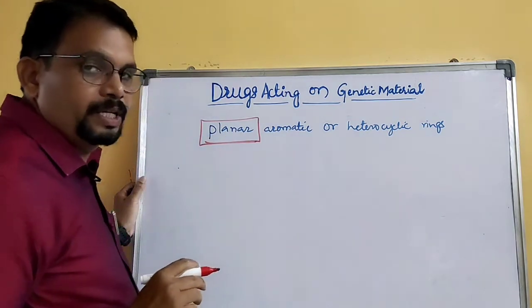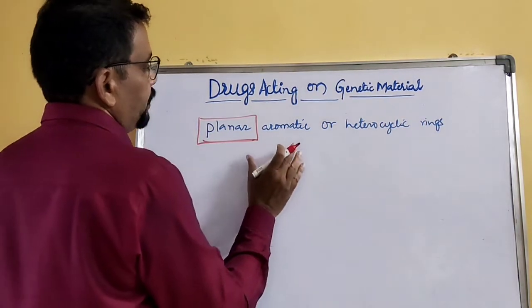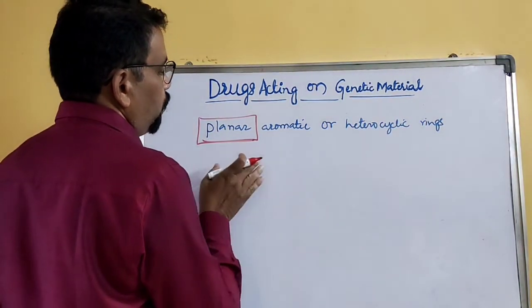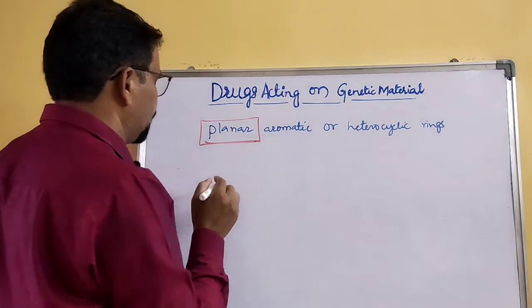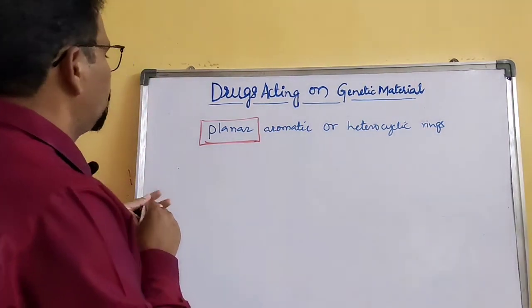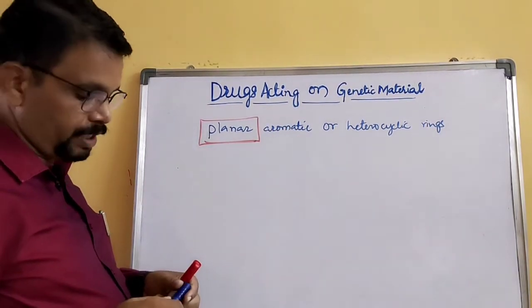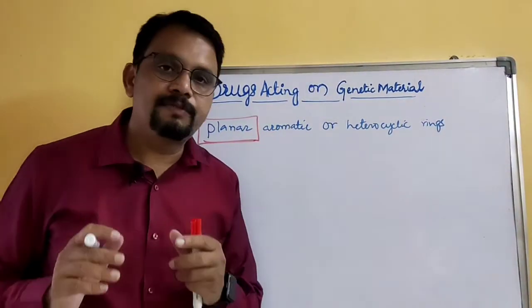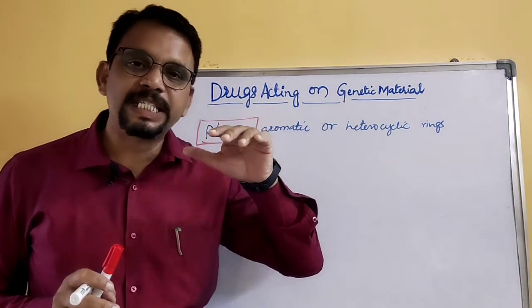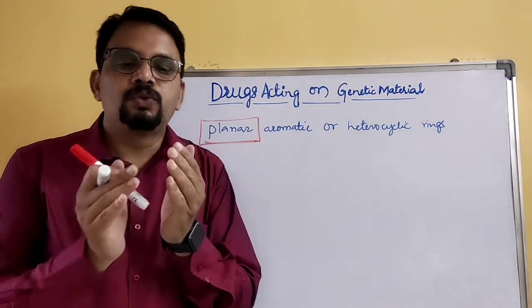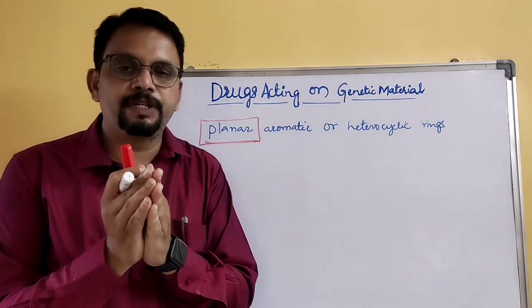They should be planar because these kinds of drugs want to insert or incorporate in between the two strands of the DNA double helix.